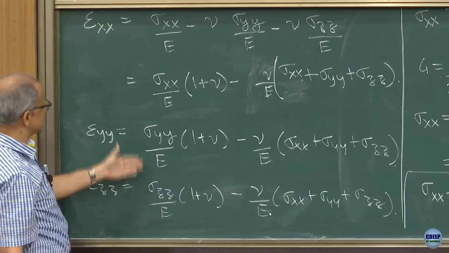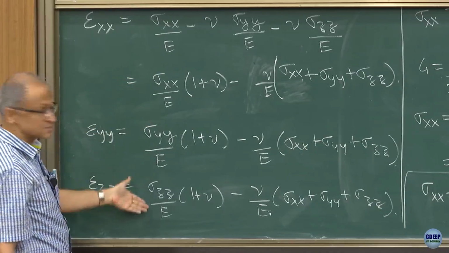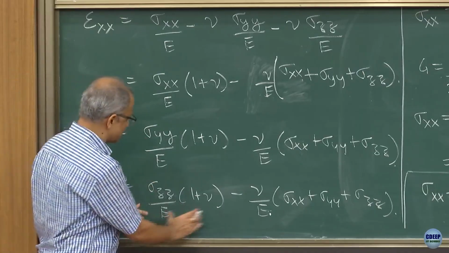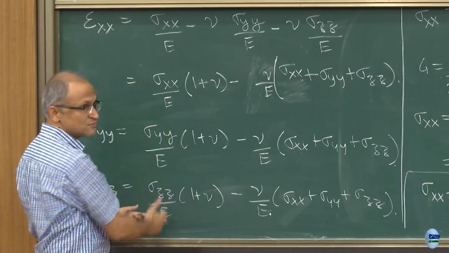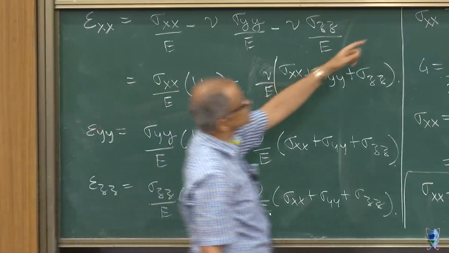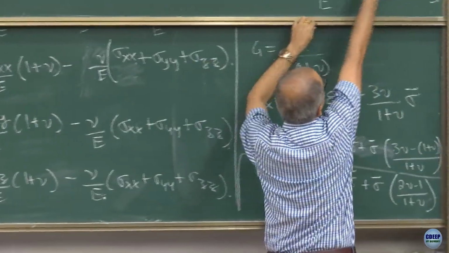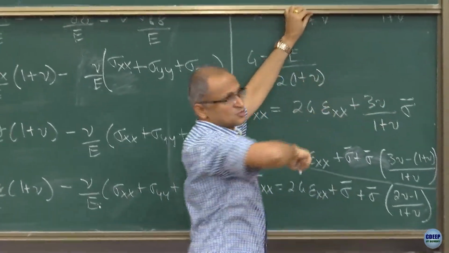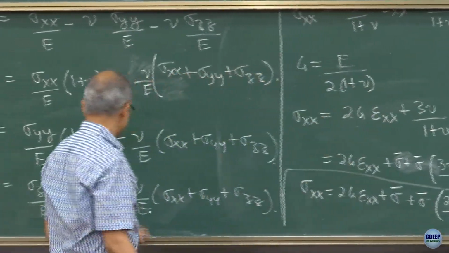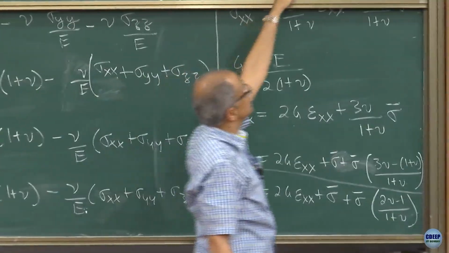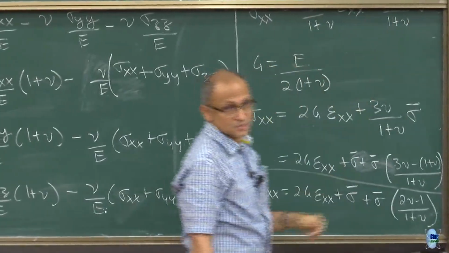Now I'm adding, what I'm saying is add up these three equations. The equations are in front of you. So here 1 plus nu upon E is common, and sigma xx, sigma yy, sigma zz get added up. This is what we have done here. And here these three terms will get added up, so I will get minus 3 nu upon E times all this.